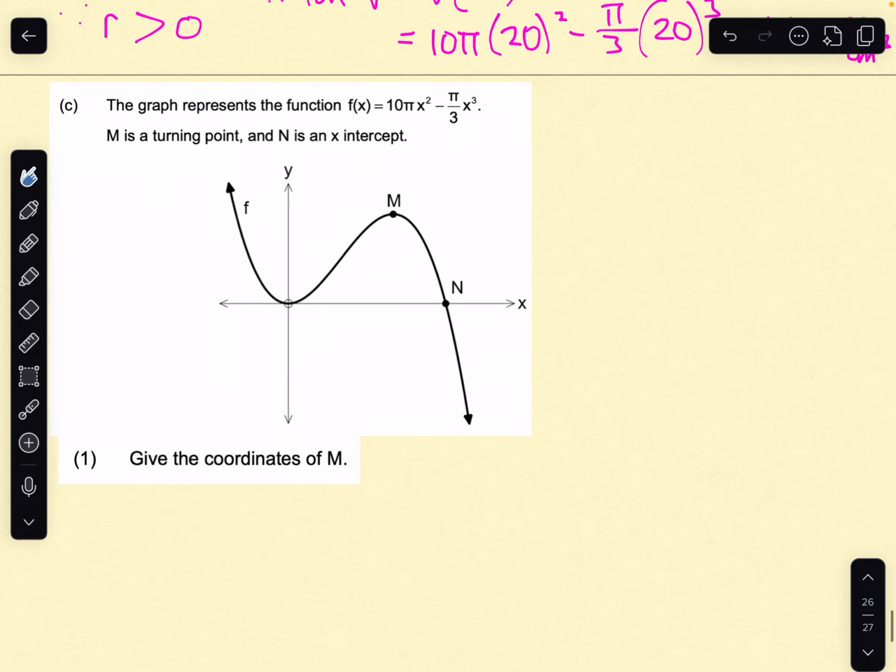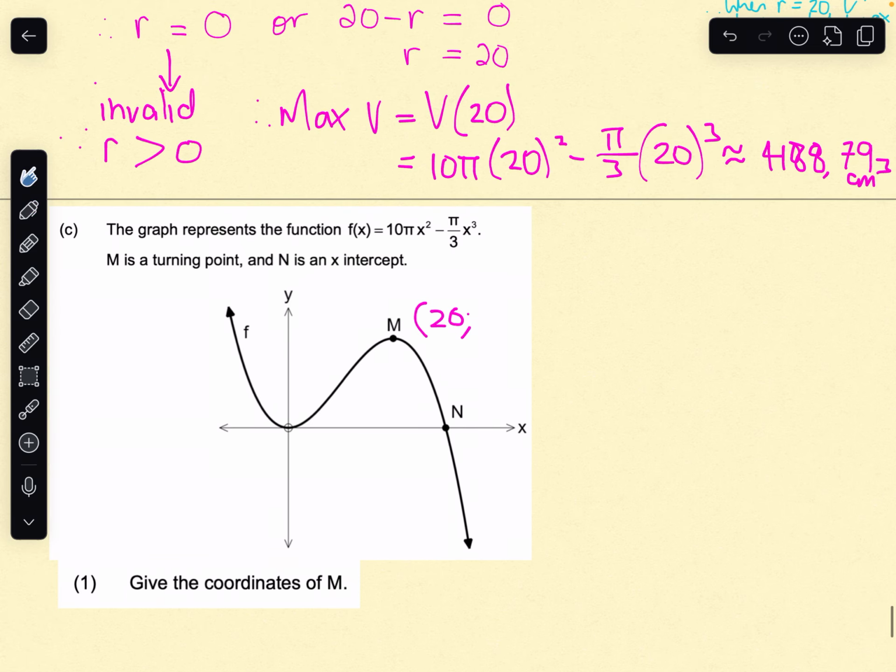We're asked to give the coordinates of m, which is a turning point, and n is an x-intercept. Okay, so coordinates of m, we already know that the x coordinate is 20, and then the y coordinate is the volume that we found, the volume value, which is 418,879.